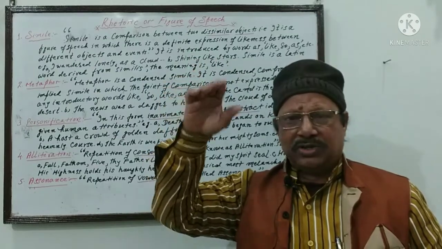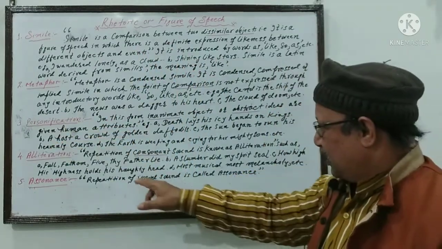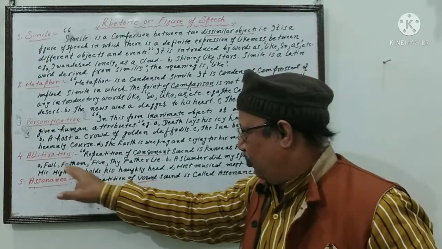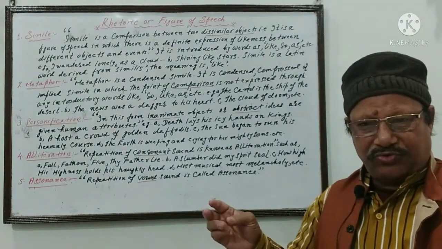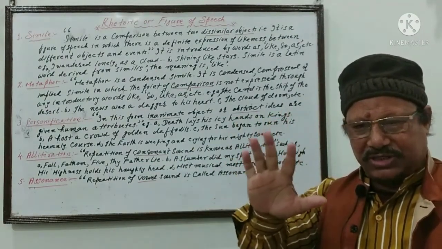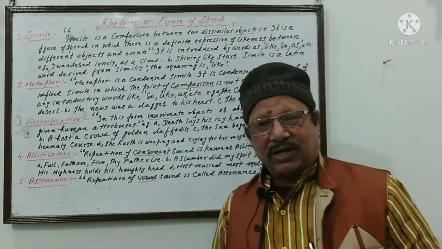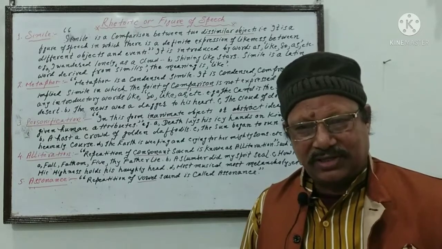O wild west wind, thou breath of autumn's being. Now here the repetition is "Full fathom five thy father lies." The F sound is used four times. This line occurs in the last drama of William Shakespeare, The Tempest.